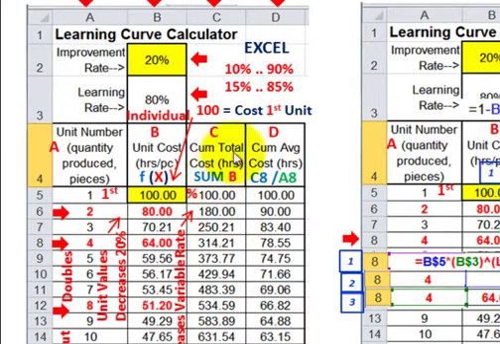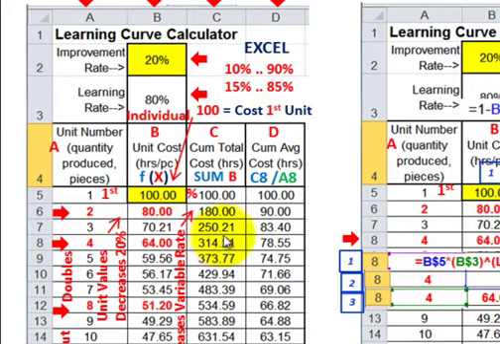So this cumulative total cost is just the sum of your unit cost in column B. That's what you have to note for this incremental unit time function that we're looking at in our model.